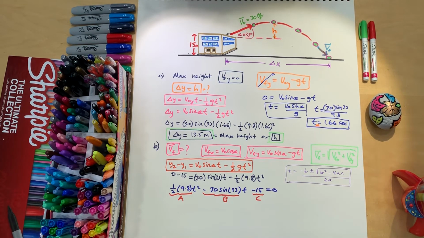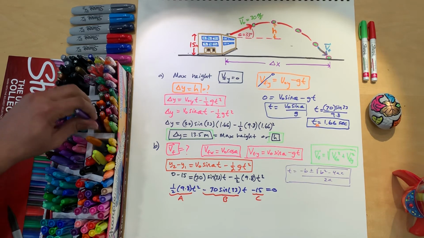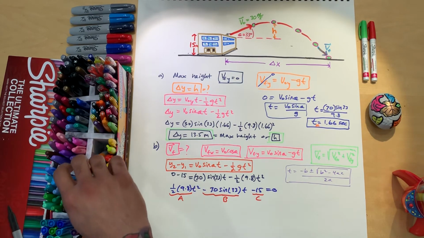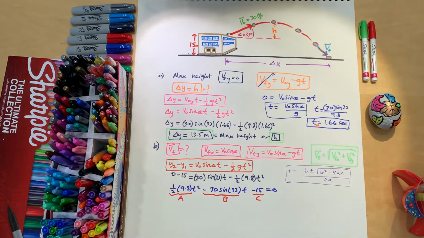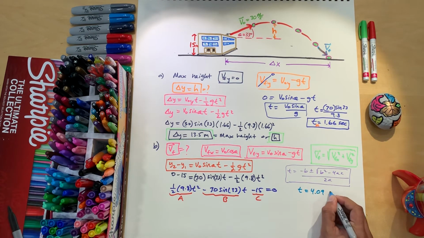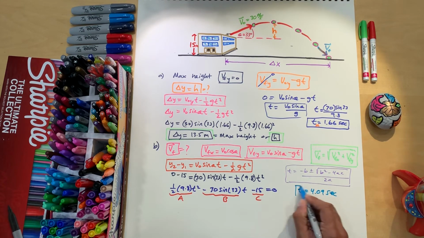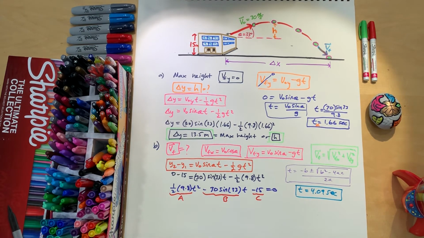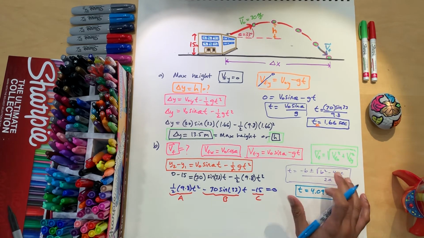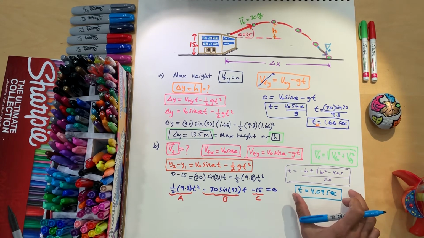Plugging it in, which is the fun part, I will definitely leave to you. You will get t is equal to 4.09. Or you can just trust my word and my calculator. Don't. Check it yourself and go through the motions of calculating it.